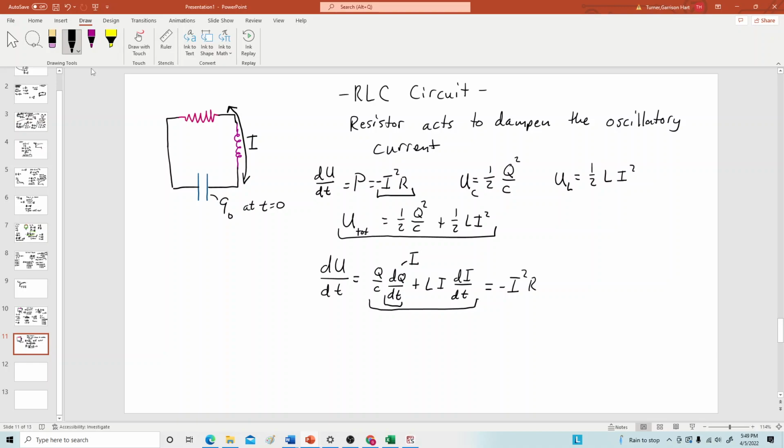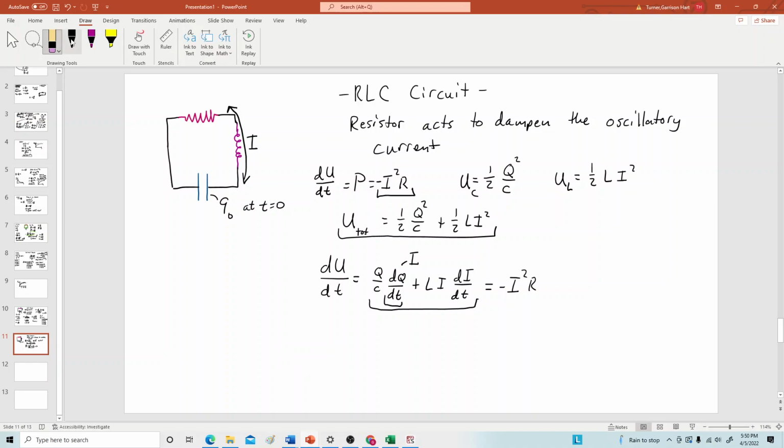And as a result, I have this equation, right? If I write this out completely and I add I squared R to the other side, in order of decreasing powers of Q, I'm going to have Li d squared Q dt squared plus... actually, let me write it like this first.